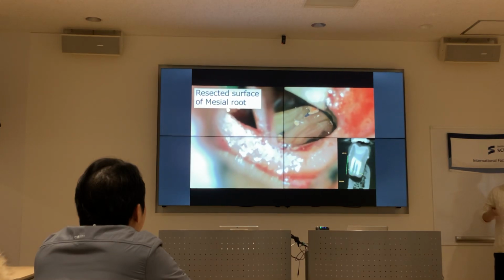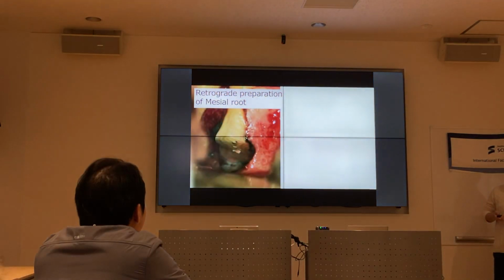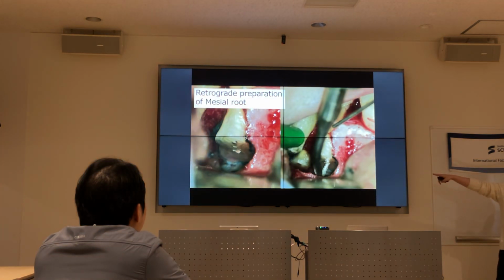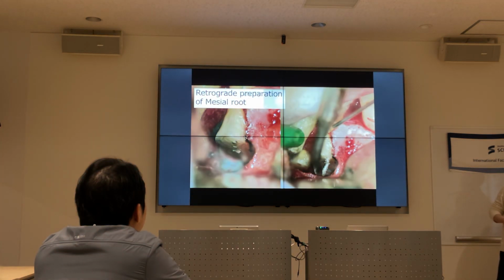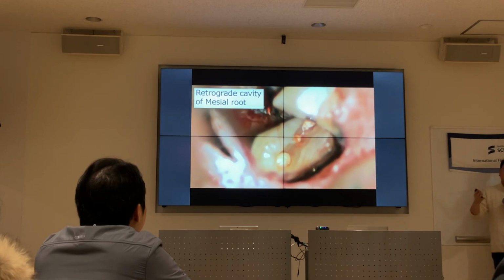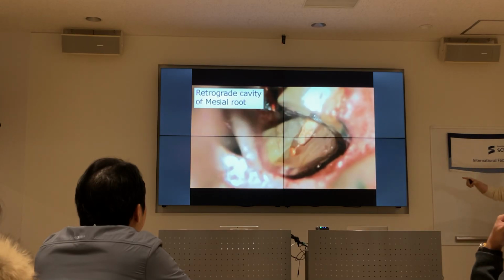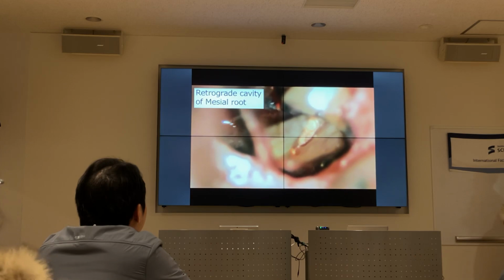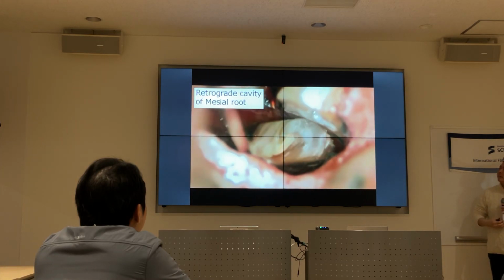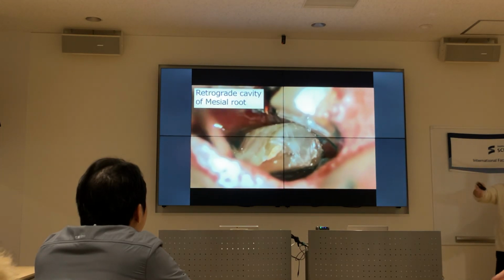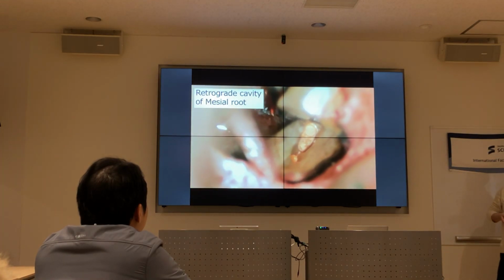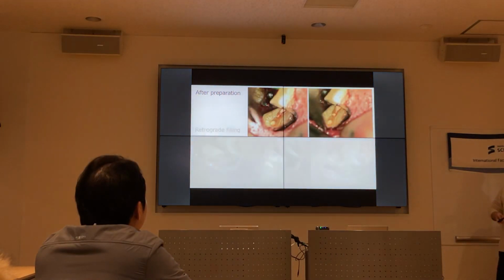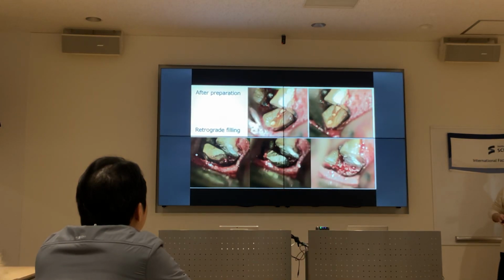Then after that, retrograde preparation with an ultrasonic tip. Changing the microscope angle, we can see the resected surface of the mesial canals indirectly. This movie is after retrograde preparation. Three canals and the isthmus are prepared with the ultrasonic tip. Then check the inside of the root canal wall. Then after that, fill with MTA cement.